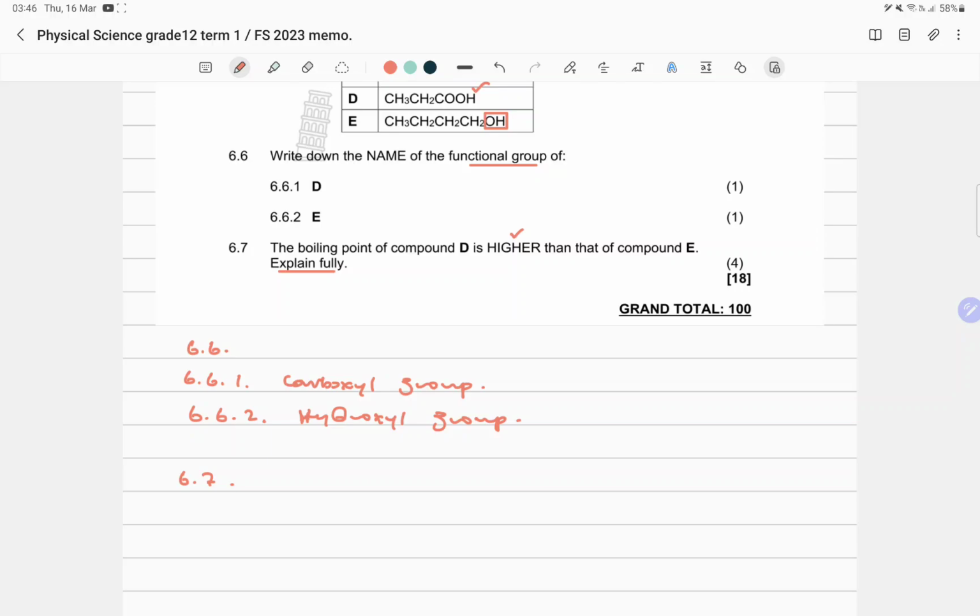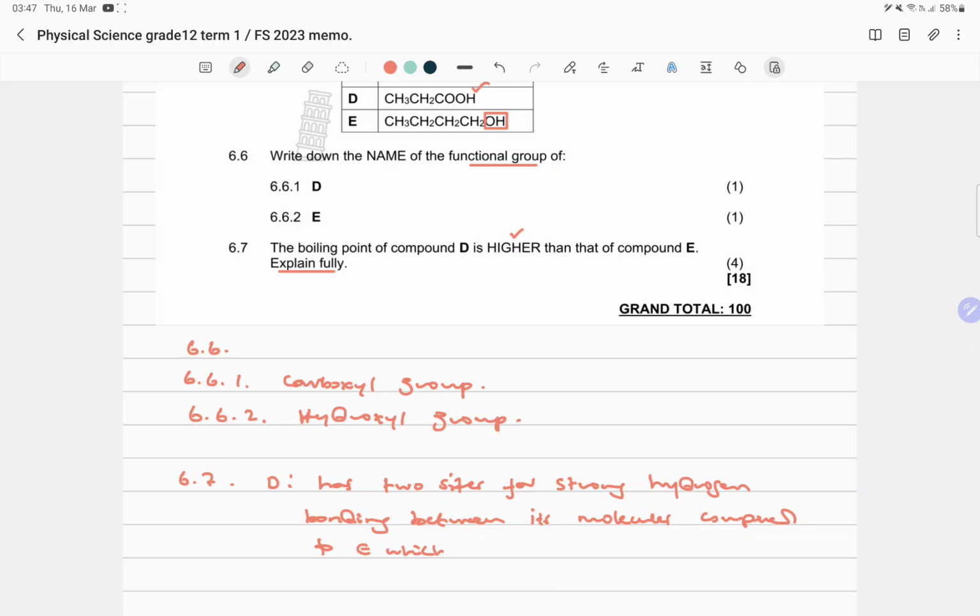We know here that for D, we can just say D has 2 sites for strong hydrogen bonding between its molecules compared to E, which only has 1 site.